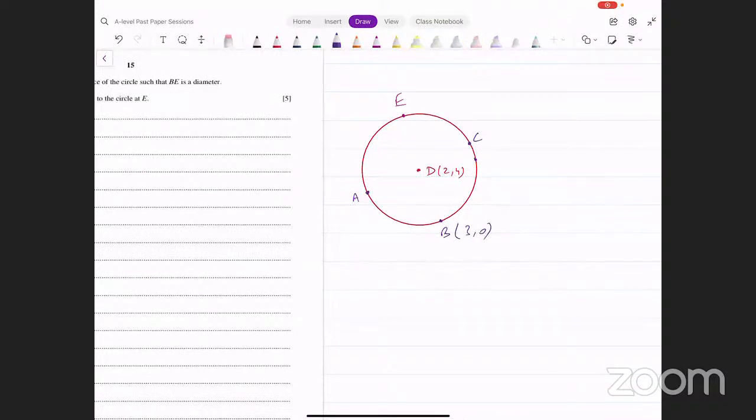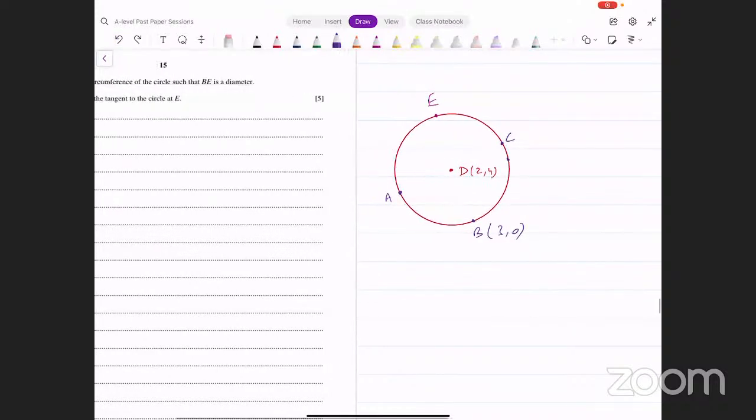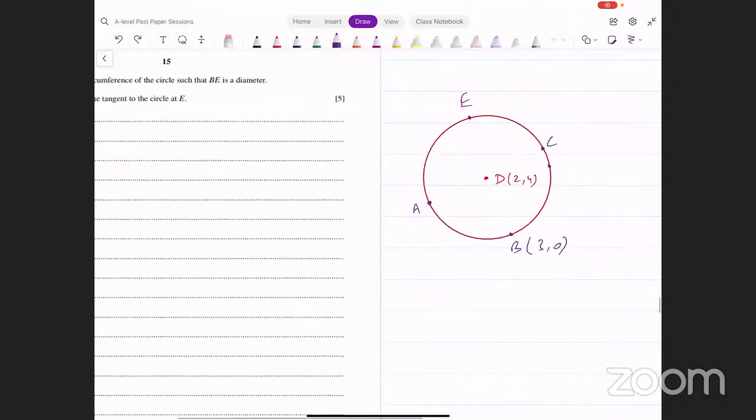Since BE is supposed to be the diameter, that means जो D आपका midpoint है BE का, right? D is the midpoint. Midpoint formula यूज करके ऐसा कर सकते हैं, या फिर आप वेक्टर मेथड यूज कर लें, that's pretty quick. वो क्या होएगा? You know one point, that's B. B is 3 0.